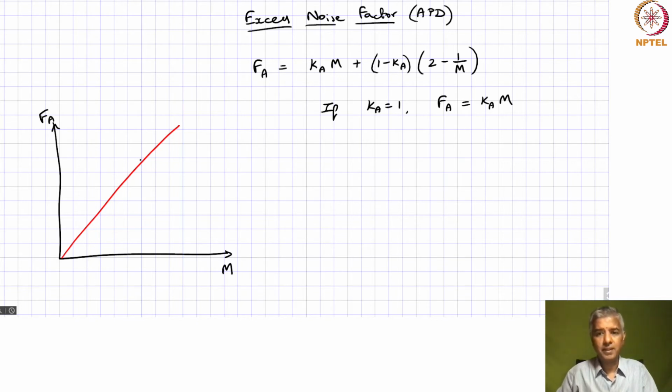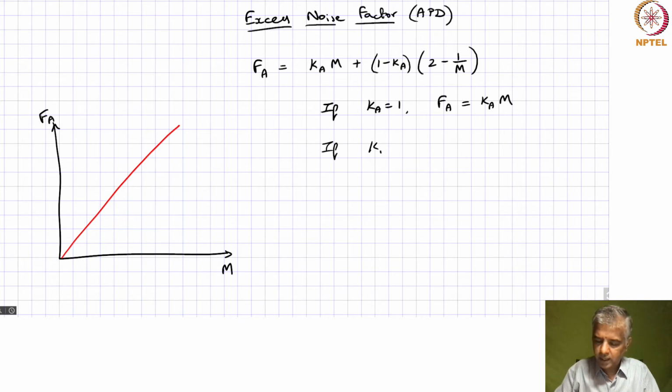Well, that tells you that whatever gain you are having from your APD, you have a corresponding noise that's coming into the picture as well. So when you look at the signal to noise ratio, you may not be gaining much as far as this Ka equal to 1 value is concerned. Now, let us look at the other extreme.